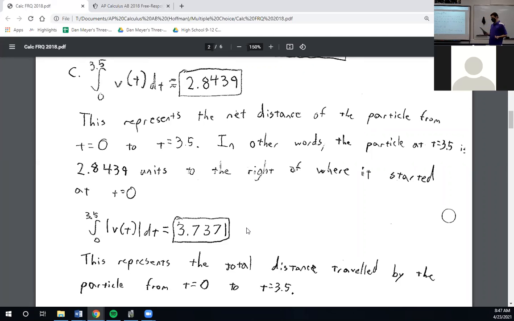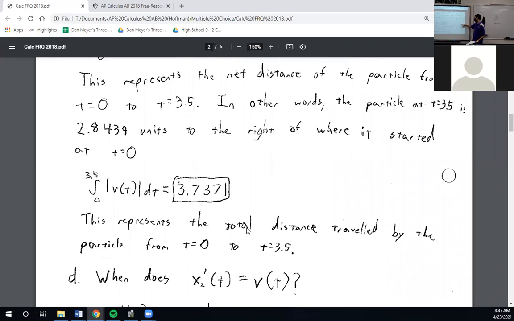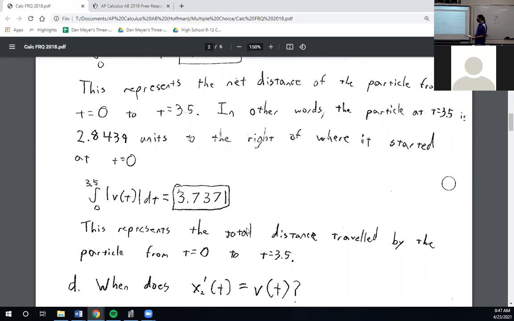Part D. A second particle moves along the x-axis with the position given by t squared minus t. If we want to know when the two particles are moving with the same velocity, we need the velocity there, because t squared minus t is not my velocity. I need to take the derivative. So when does the derivative of that position function equal my velocity function?